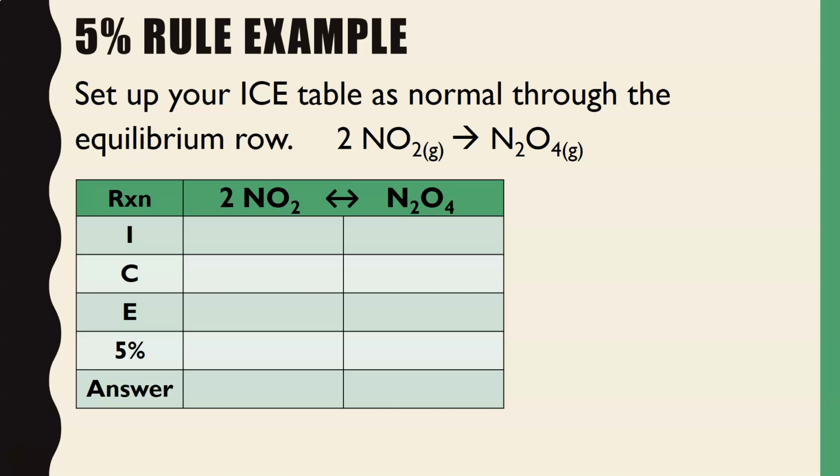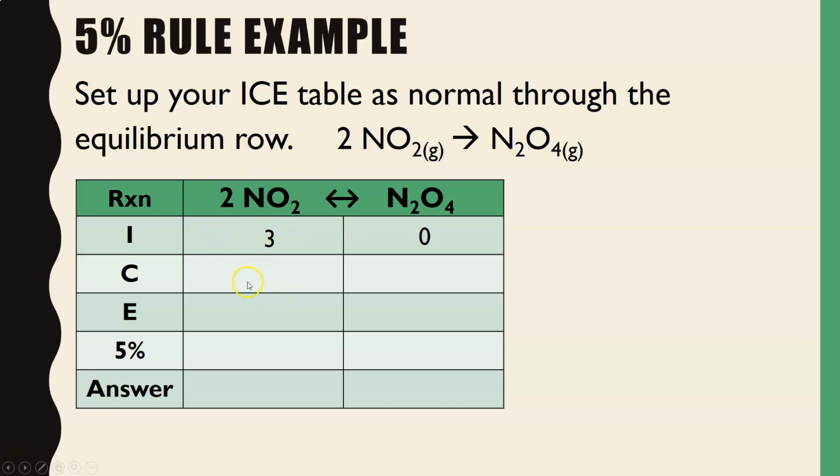Now it's time to plug in our information. It told us I started with 3 molar of this. I didn't start with any of this, it's just a 0. This is the row where we have the x's. But look, 2 NO2. That means every time this reaction goes forward, 2 of these are going to disappear.